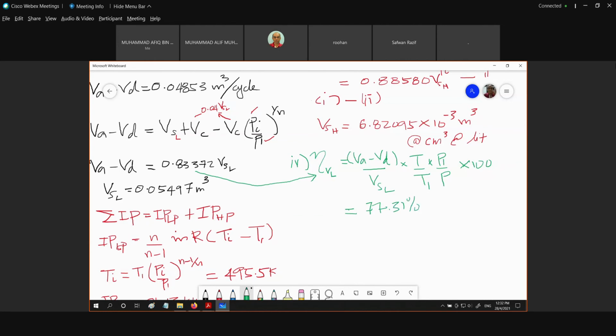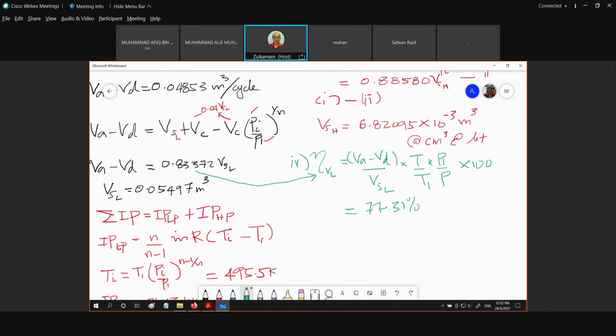If we have T1 equal to T and P1 equal to P, then we have 83.372. This always indicates the volumetric efficiency in the case of P1 equal to P and T equal to T1. In this case, it's Ti. All right.